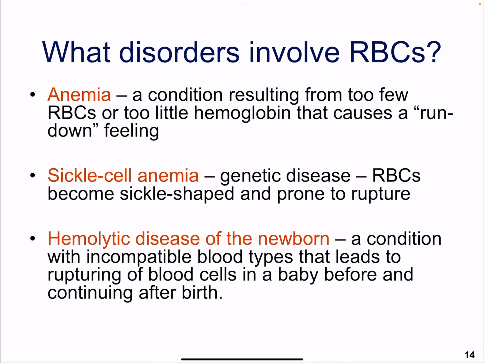All right, what are some disorders of red blood cells? Some disorders are, for instance, anemia. Anemia is a condition when you have low amount of red blood cells or low amount of hemoglobin, right?